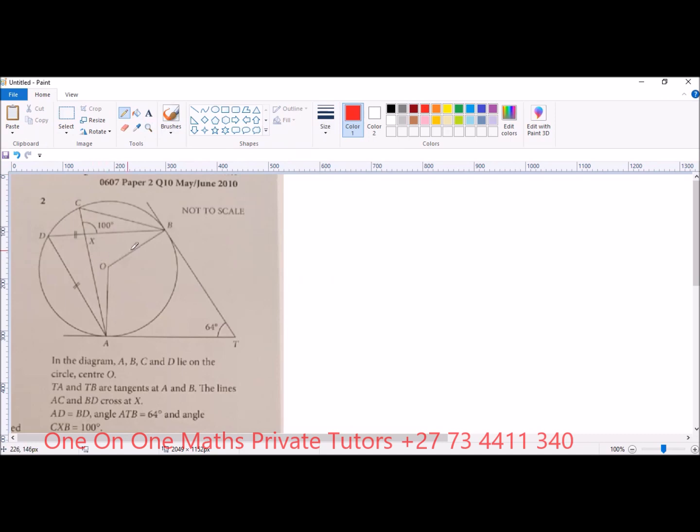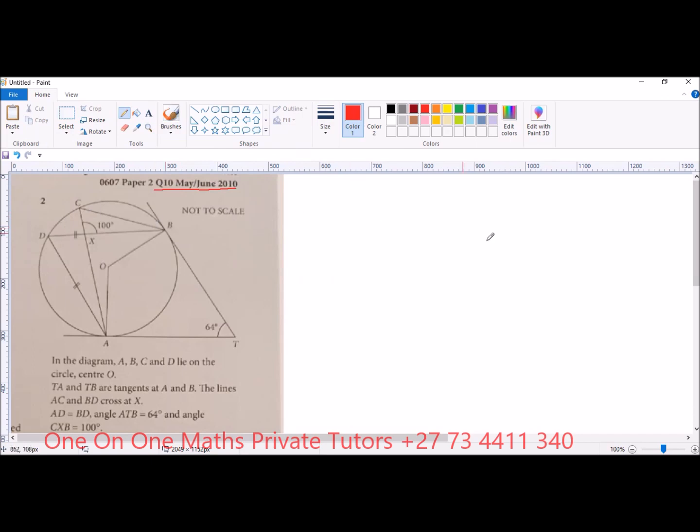Today, we are looking at this interesting question, which came in GCSE of May-June 2010 on circle geometry. Circle geometry is a popular topic in ZIMSEC, in Cambridge, Aqua, or pure mathematics at ordinary level.